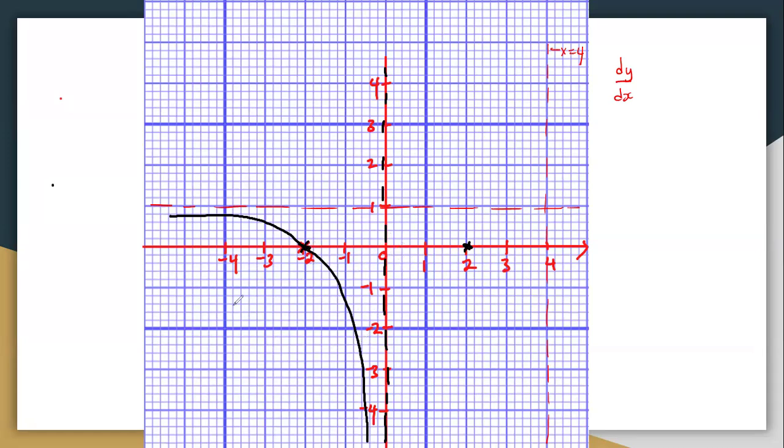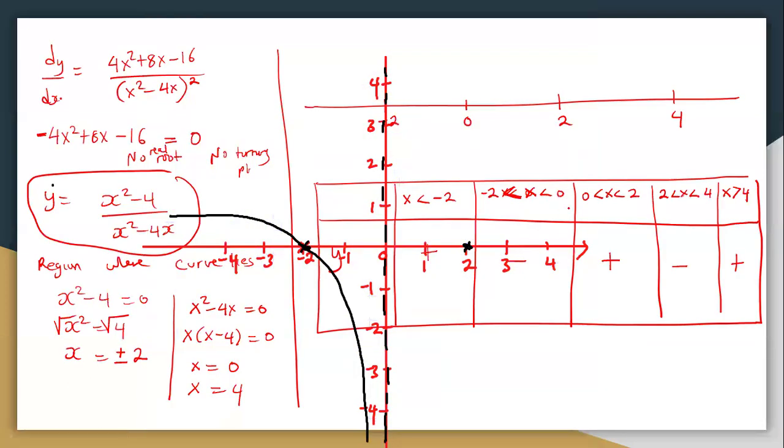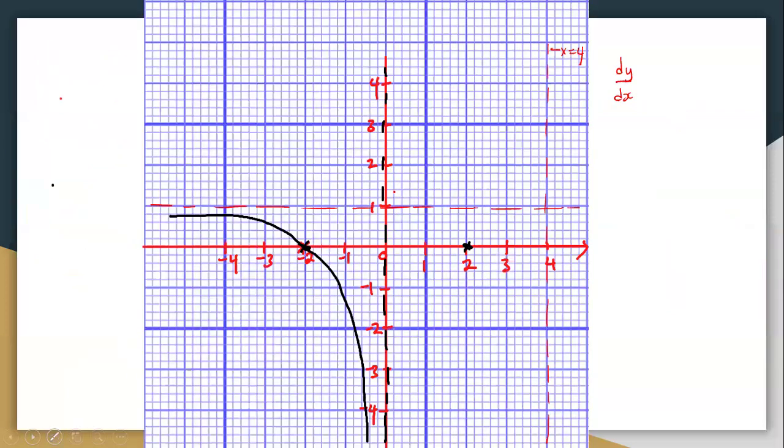Then between 0 and 2, when you go back to your curve, your curve was positive.